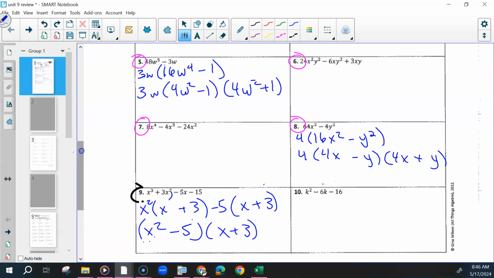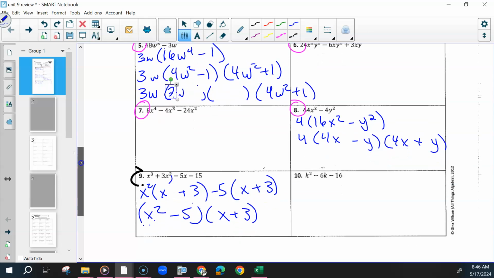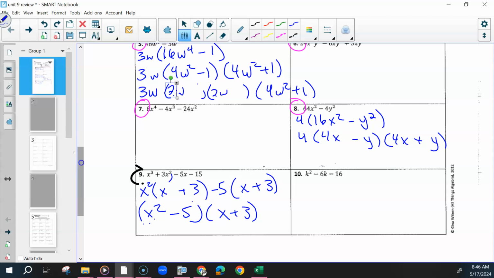But 4w squared minus 1 is another set of perfect squares, so we have to do it again. What would this break down to? 2w and then plus 1 and minus 1. So if you see something to the fifth like that, you'll have a bunch of factors.